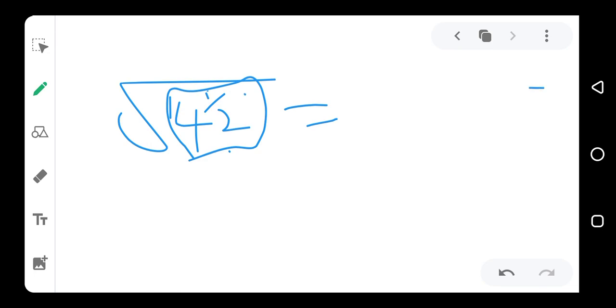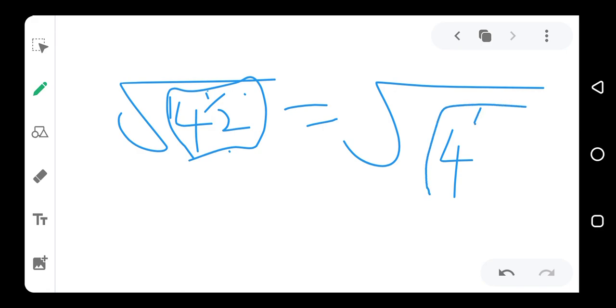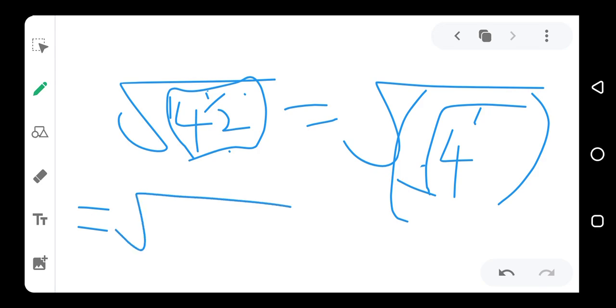This is equal to root of 4 raised to power 1, then root of, so this is a root inside root. What is here is 2, but because it is 2, we don't normally write it, so it becomes the square root of 4 raised to power 1, which is equal to the square root of 4. 4 raised to power 1 is 4.